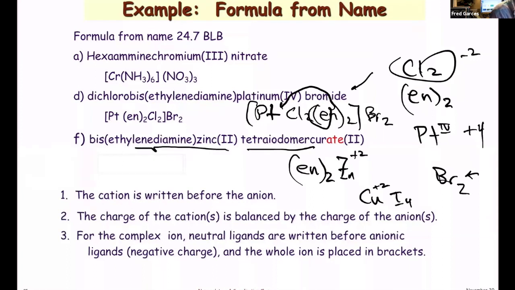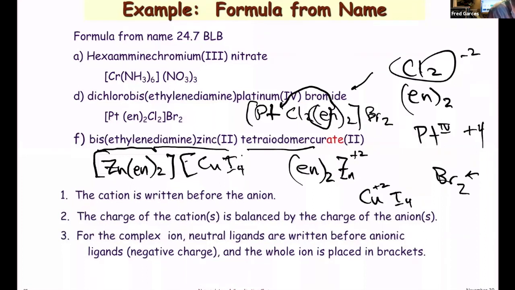This is the cation: Zn(en)2 in brackets, and then the anion would be CuI4 in brackets. The copper is a plus 2 and the iodine is a negative 1, which makes this whole thing a negative 2. This whole thing, therefore, has got to be a positive 2. The en are neutral and the zinc is plus 2. It's neutral that way. Let me show you that real quick.